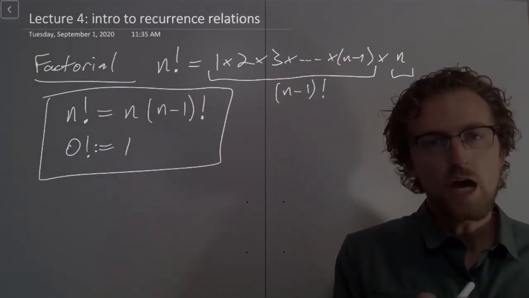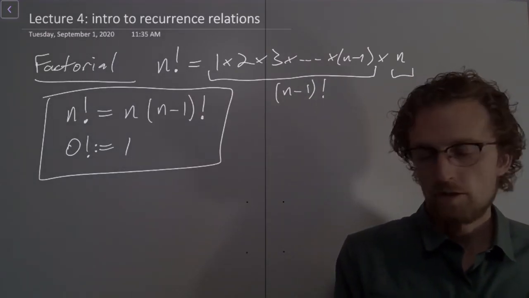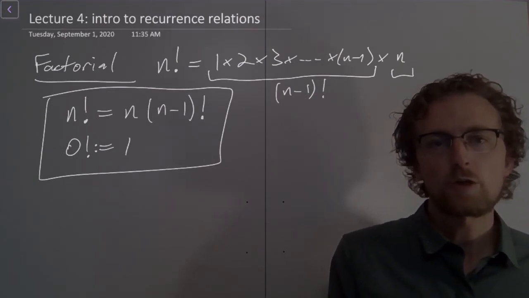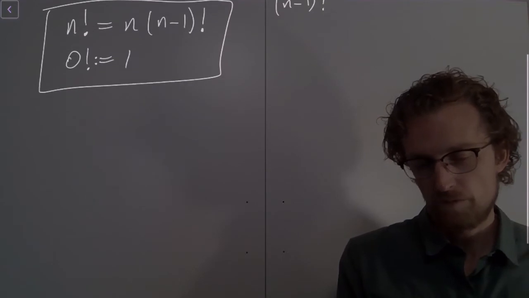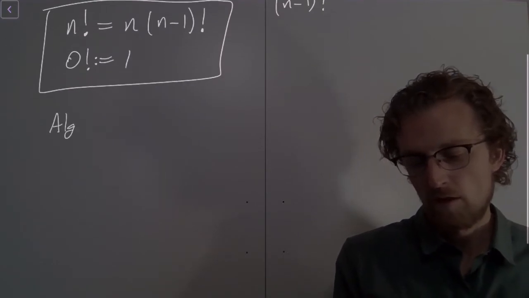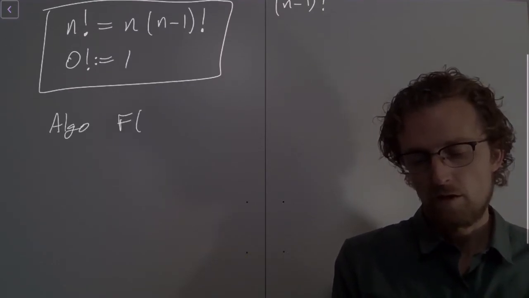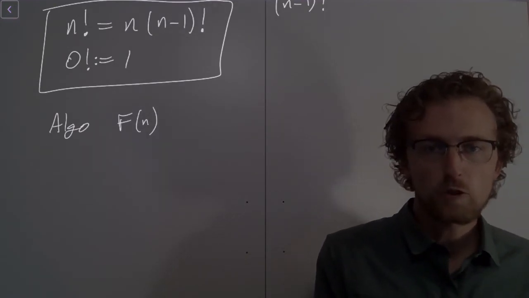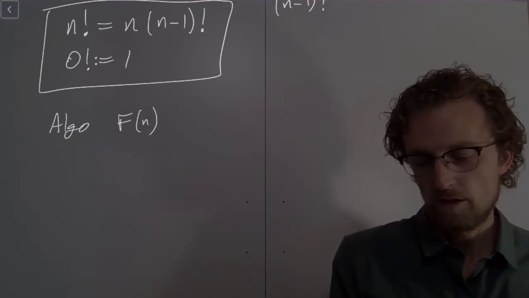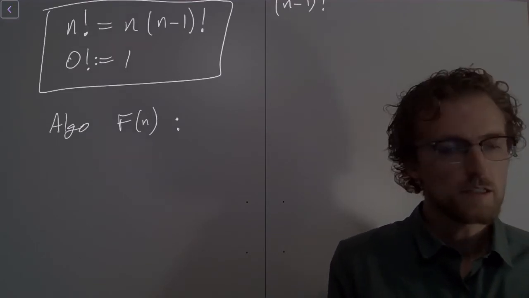So let's use that recursive definition to build a recursive algorithm for computing n factorial. So here's how it will go. We'll call this algorithm f. So f of n is supposed to return the factorial of n. Right, so it's defined like this.